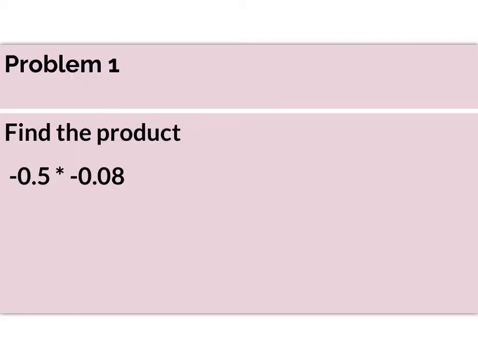Okay, so we found the product. We put 0.08 over 0.5. And when it comes to multiplying decimals, it doesn't really matter which one goes on top. 5 times 8 is 40. And now we count 1, 2, 3 numbers behind a decimal.